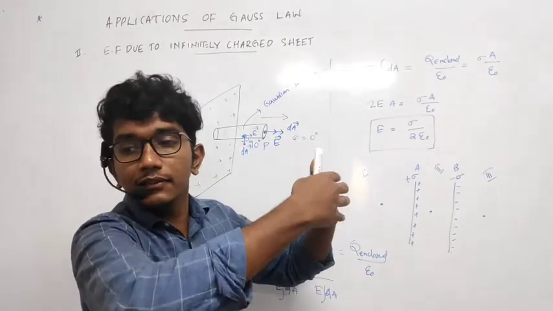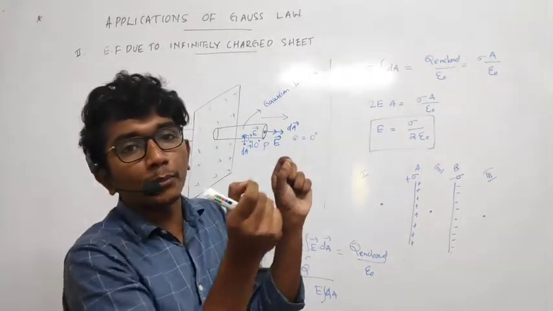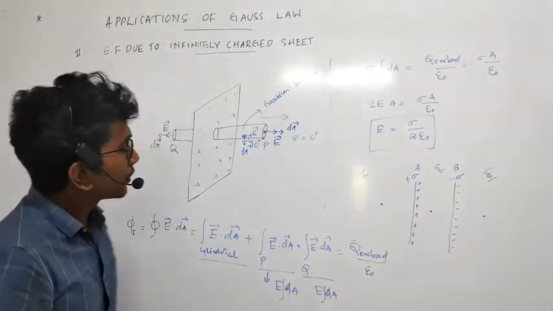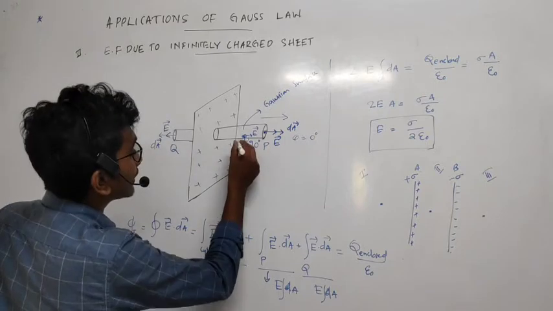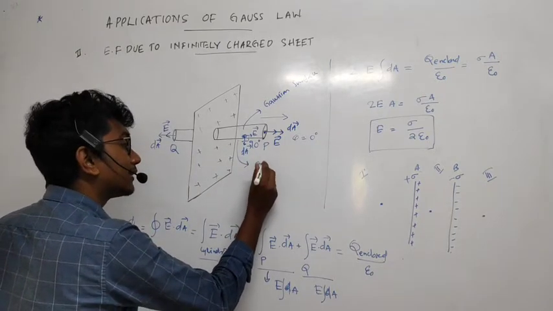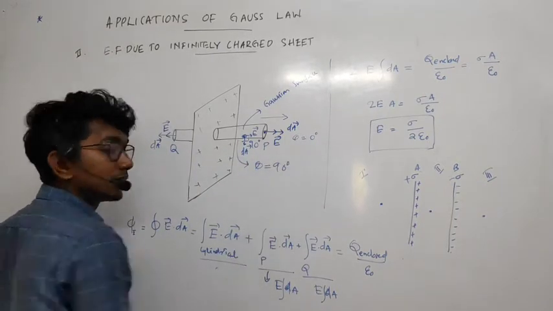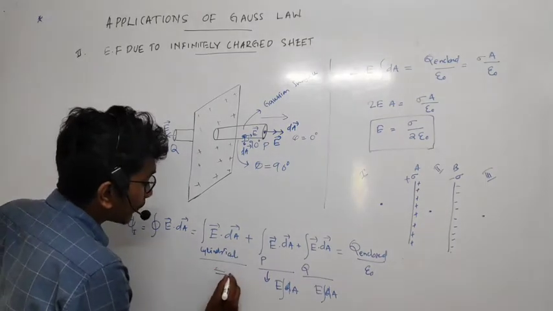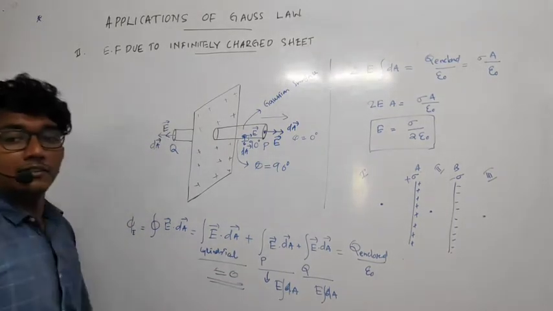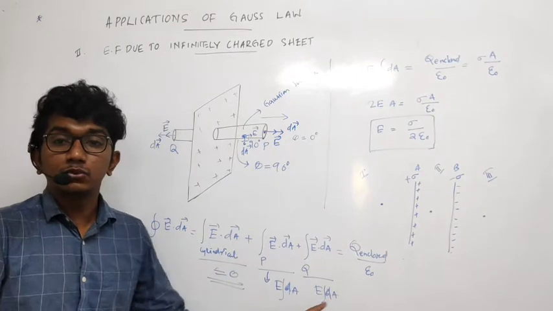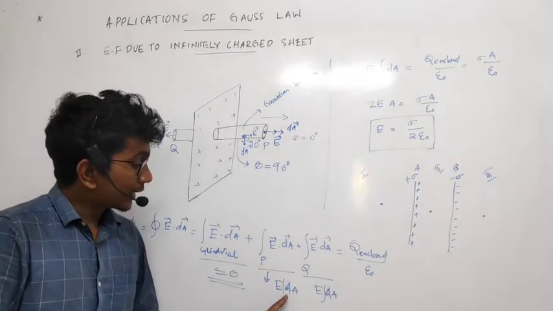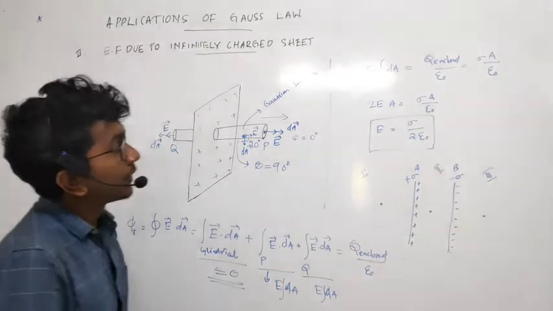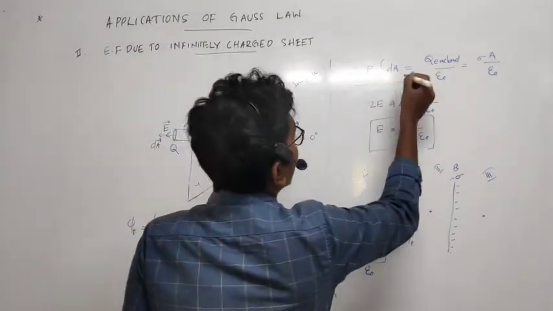You can count any surface, it will be normal. So in this particular case theta is equal to 90 degrees, so this value will be equal to 0, and you can neglect it. We take these two surfaces, so the sum will be 2 into the integral of E dot dA.